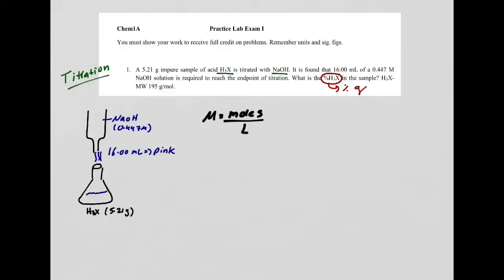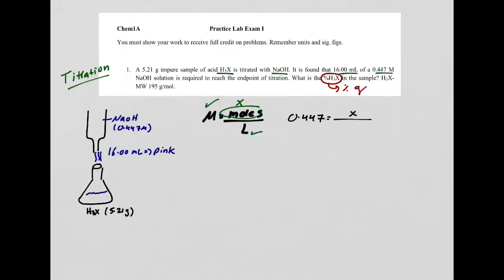Now, usually they give you the molarity of NaOH, and you know how much NaOH you added. So you have the molarity of NaOH, as you can see right here, and you have the volume. So you can figure out the moles. The molarity is 0.447. I don't know how much NaOH I added, but I know the volume.